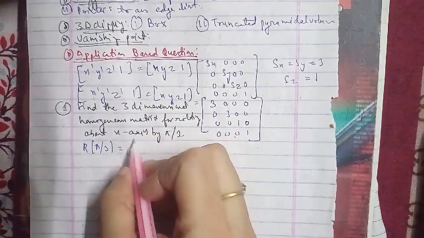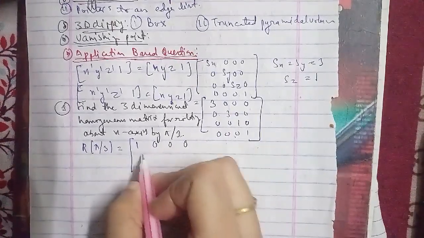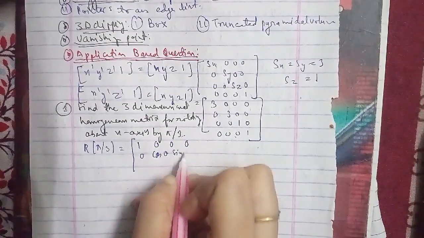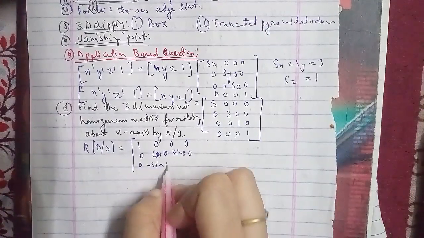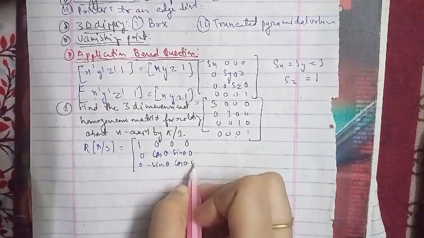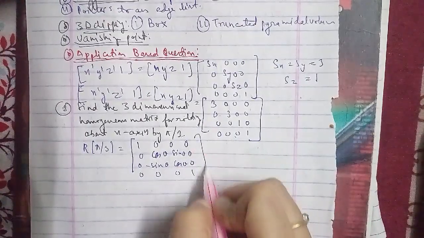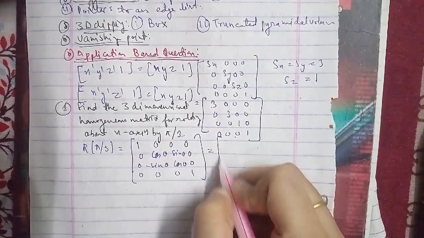After that we'll put in the values: 1 0 0 0, then 0 0.5 0.866, which is cosine theta, and 0. Then we have 0 minus 0.866, 0.5 and 0. Then we have 0 0 0 and 1.